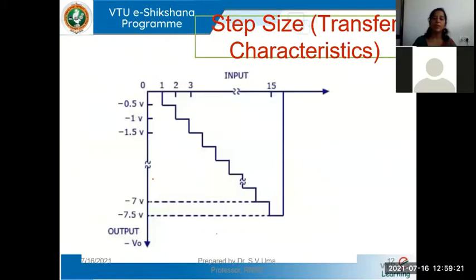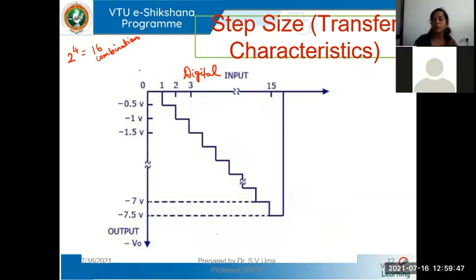Just before that, let's see how to plot a graph of digital input versus analog output. So this is digital input. For a 4-bit DAC, how many combinations do I have? I will have 2 to the power of 4, or 16, combinations of digital signals. So I'll represent those 16 combinations along the x-axis.